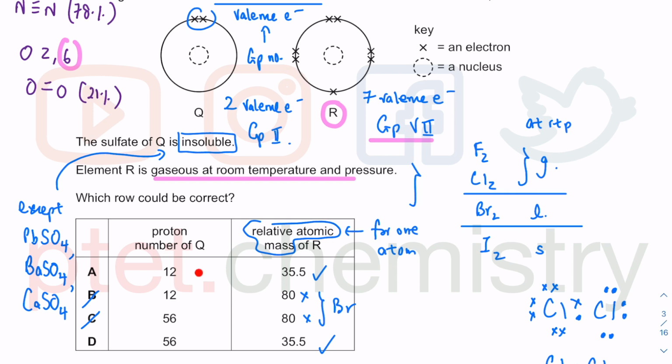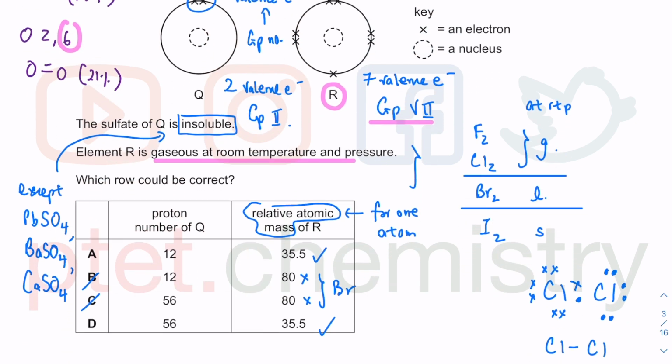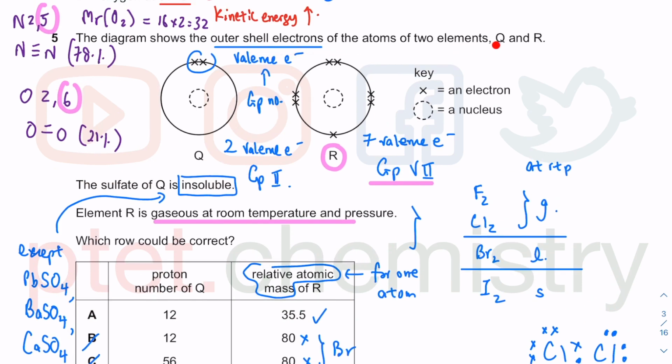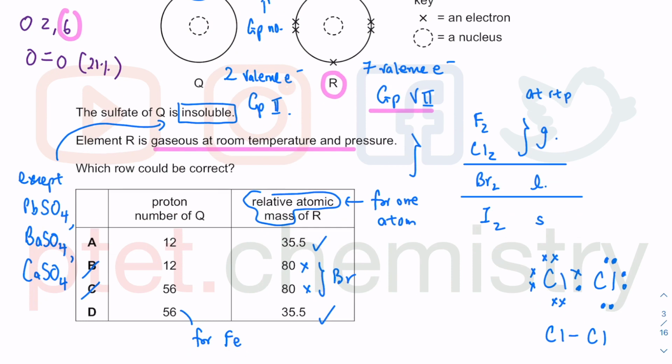This is a tricky one. Do we go for this? 56 is quite unusual, isn't it? 56 is definitely for iron. Why in the world would they give us iron? They didn't tell us it's colored. They don't mention it being colored, so I don't know whether it's a colored compound. I wouldn't know if it's a transition metal or a group 2 metal, which is magnesium.